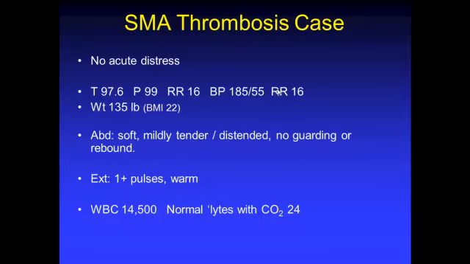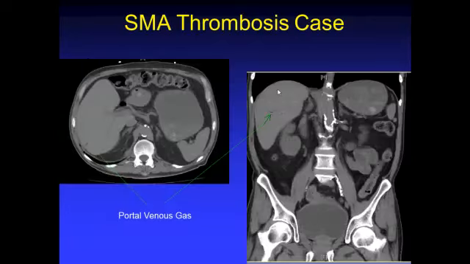Extremities: he had 1 out of 2 pulses. They were warm. His white blood cell count was moderately elevated at 14,500. Electrolytes were normal, and there was no evidence of acidosis on his basic metabolic panel. He did undergo a CT scan in the emergency department, and that did demonstrate a very limited amount of portal venous gas. You can see the slight amount of gas out here peripherally.